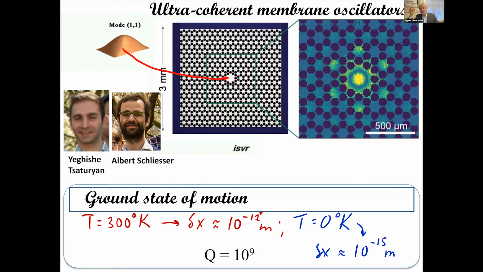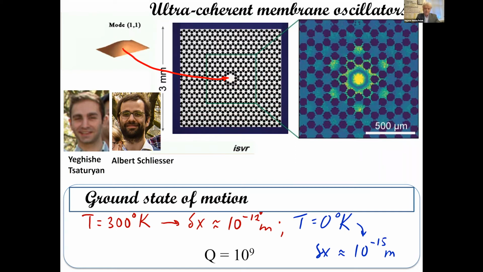And since it is not feasible to cool this oscillator down to its ground state by simply cryogenic means, we need a very high Q.